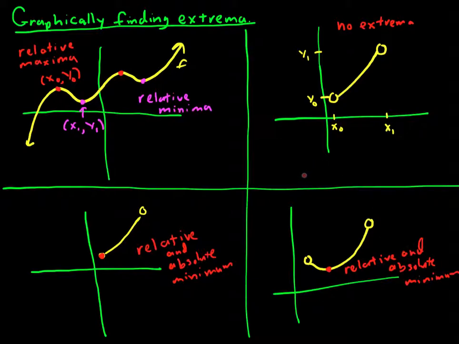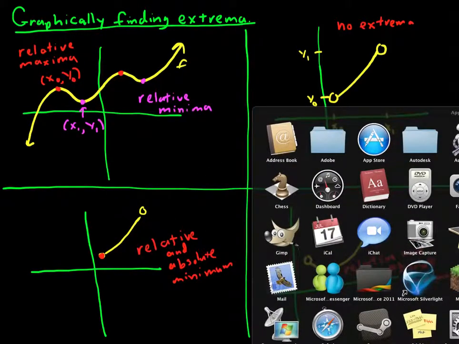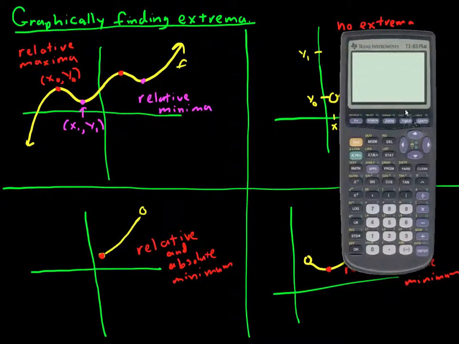Okay, and graphically now, how am I actually going to go through this process? So we can see identifying on here. If I want to actually do this now, that's the wrong thing to press. Let's try this again. There we go. So if I want to actually go through and do this, all I would need to do is first type in some function.